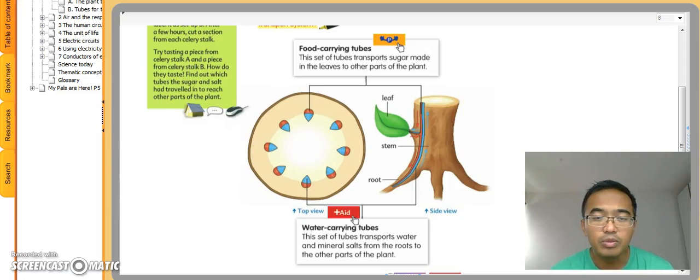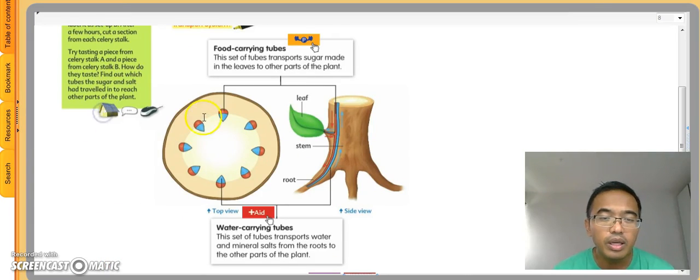If you look at the textbook, you'll see that the plant transport system is made up of two tubes, the food carrying tube and the water carrying tube. The food carrying tube is normally on the outer circle and the water carrying tube is normally in the inner circle.